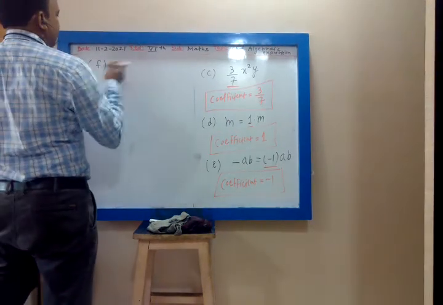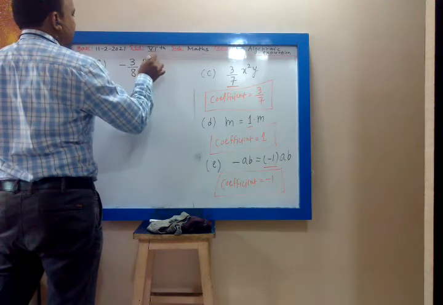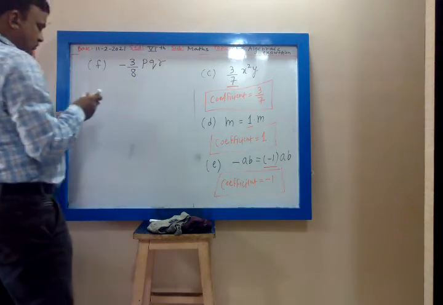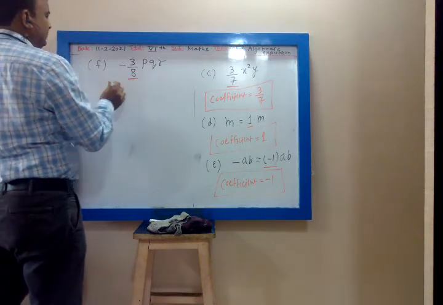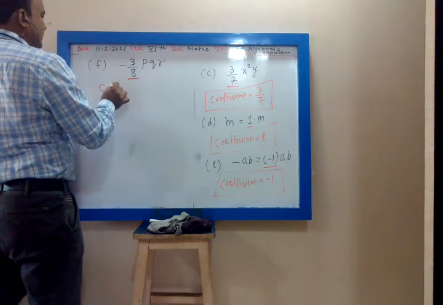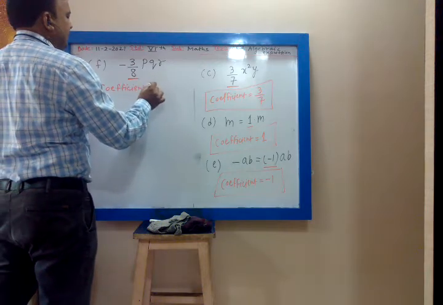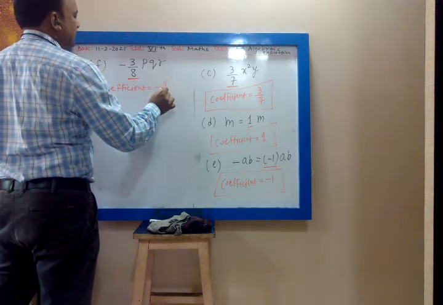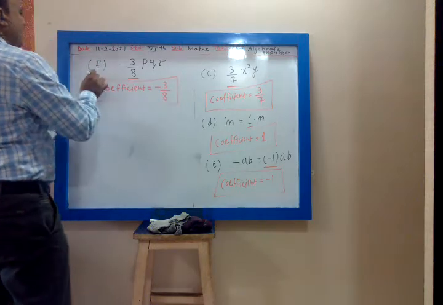What is the answer? Minus 3 upon 8. So the numerical coefficient is minus 3 upon 8, because numerical coefficient means the number attached to the variable.